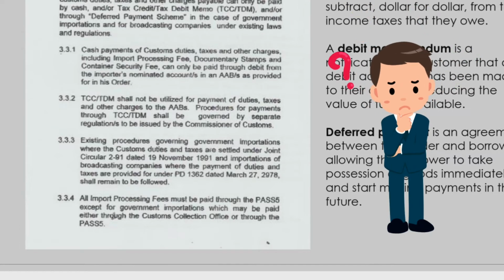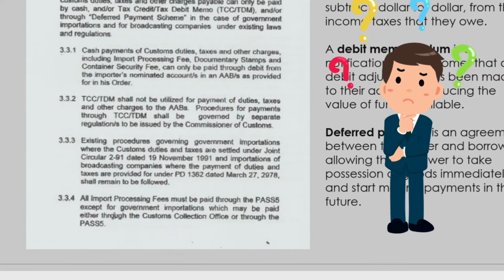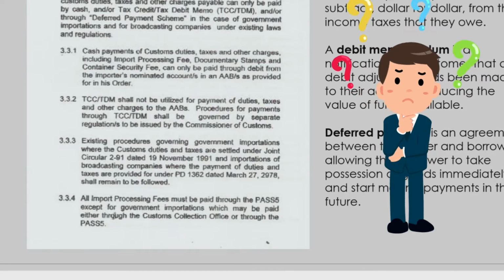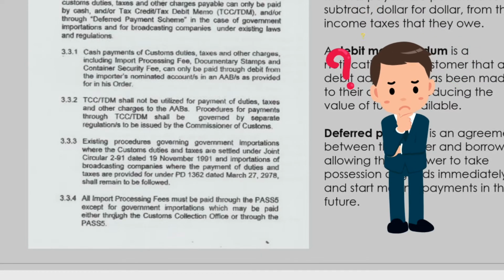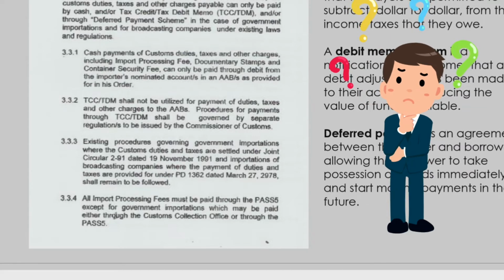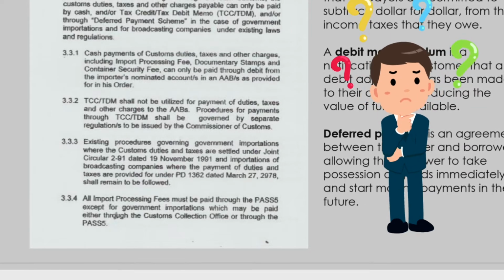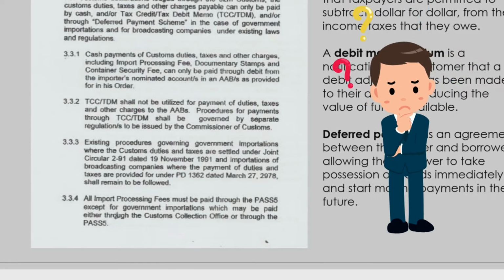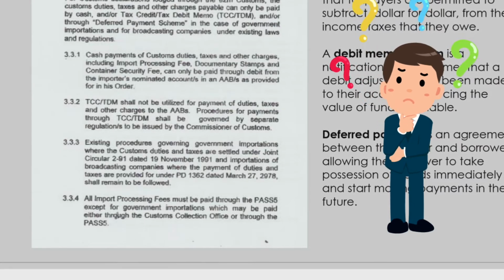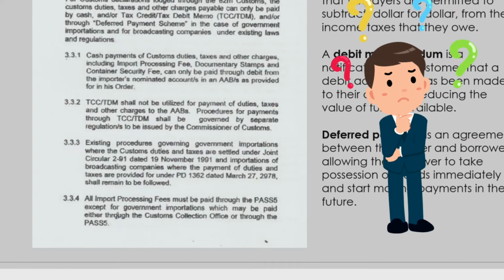regulation about that. Existing procedures governing government importation where the customs duties and taxes are settled under Joint Circular 21-2-91 dated November 19, 1991 and importations of broadcasting companies where the payment of duties and taxes are provided for under PD 1362 dated March 27, 1978 shall remain to be followed.